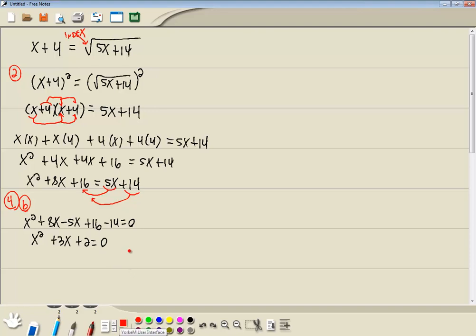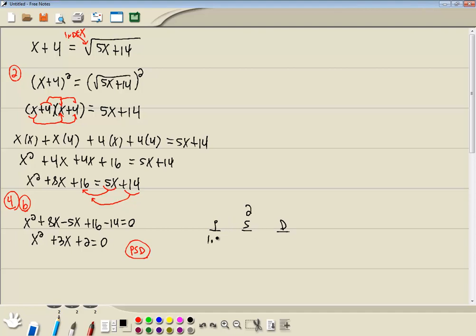Now we want to factor this, and I'm going to use the PSD. You may have learned a different technique in your course. Here we have x squared, no number in front of our x squared. So that's what tells us to use the PSD. With the PSD, we take the number at the end, ignoring signs. So take the 2, and we come up with our 3 columns. P column, S column, and D column. Now the P column is all the products that give you 2.